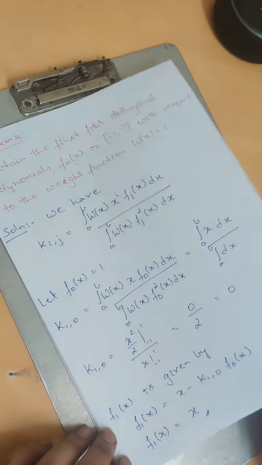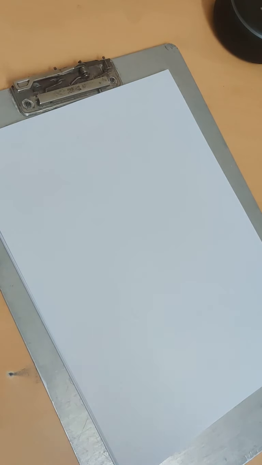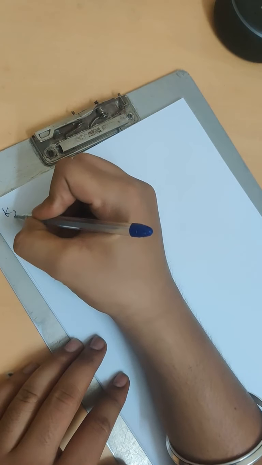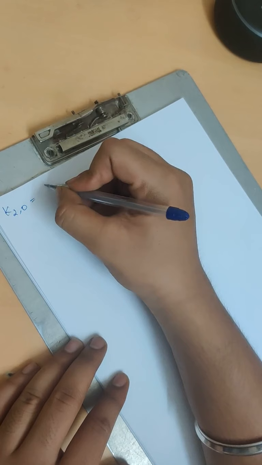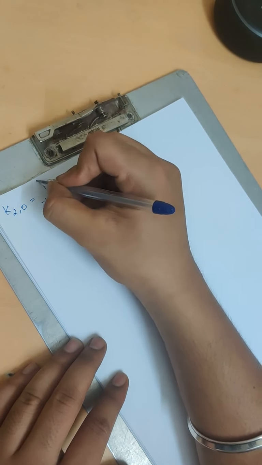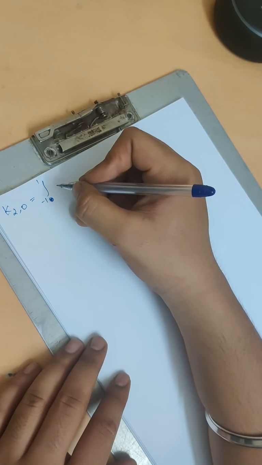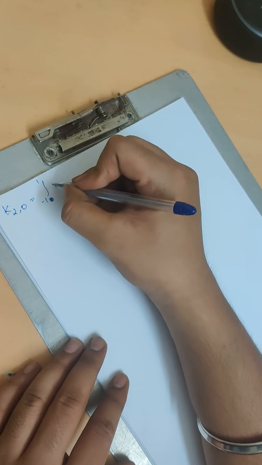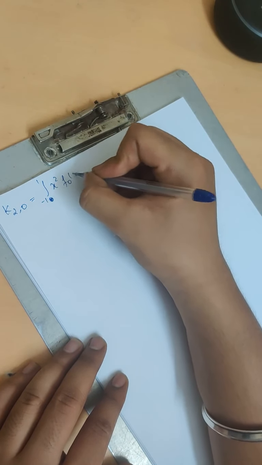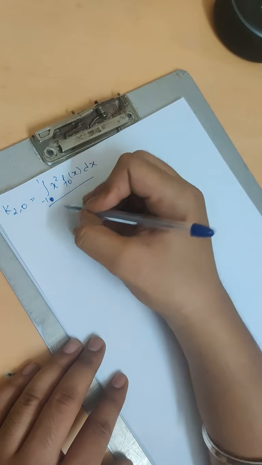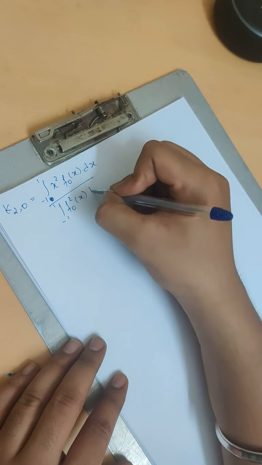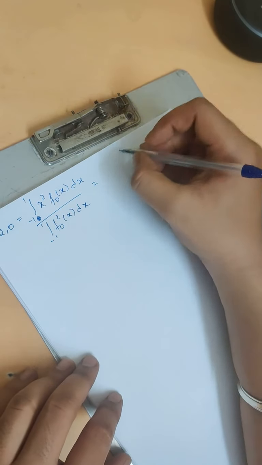Next we need f2. To find f2 we need k_{2,0} and k_{2,1}. So we'll write k_{2,0} is equal to integral minus 1 to 1, the weight function is 1, right? So this becomes x square f naught of x dx divided by integral minus 1 to 1 f naught square of x dx.